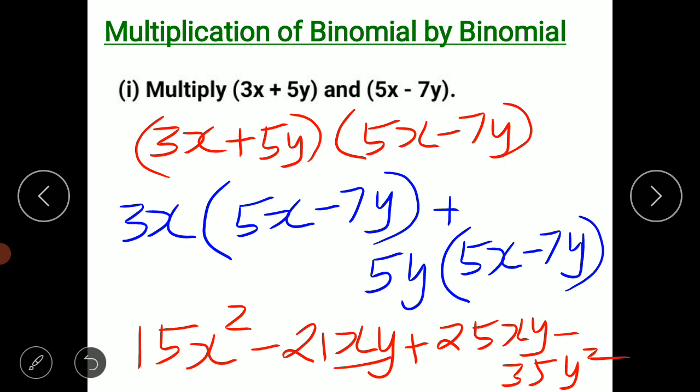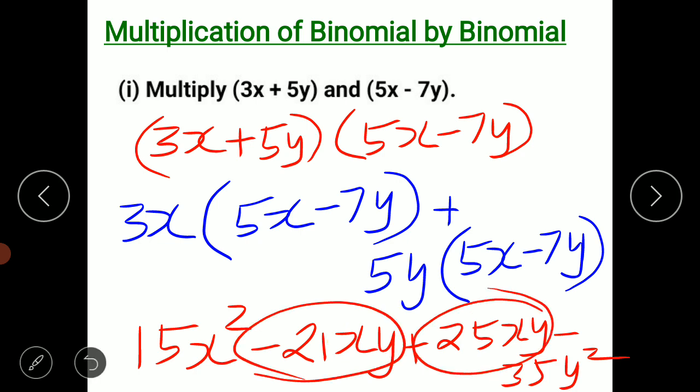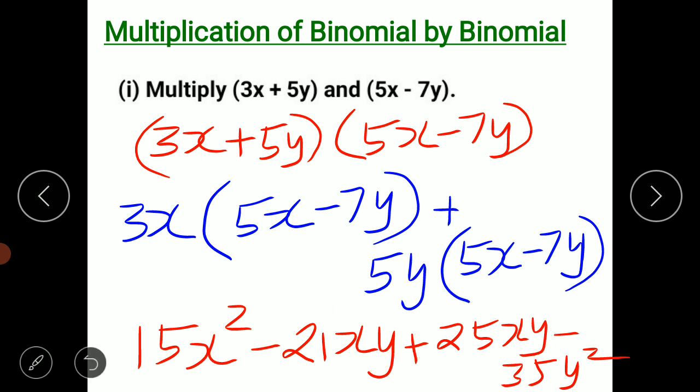And next the xy term; just find out, is there any other xy term? Of course, these two are xy terms, so they are like terms, so these can be simplified. So now next step, x square cannot be simplified further.